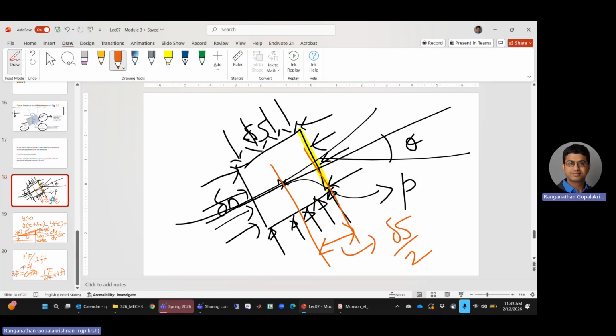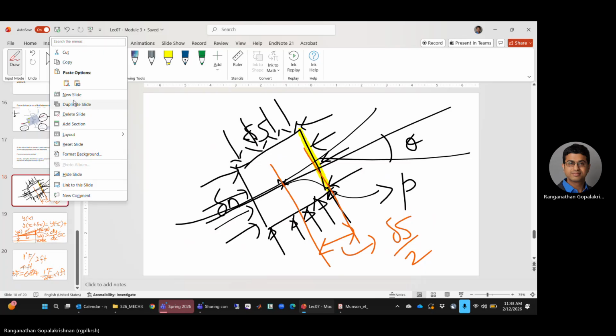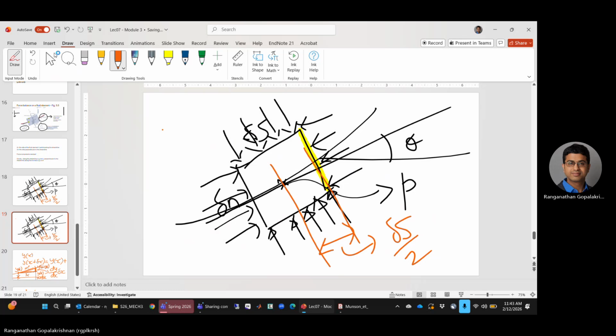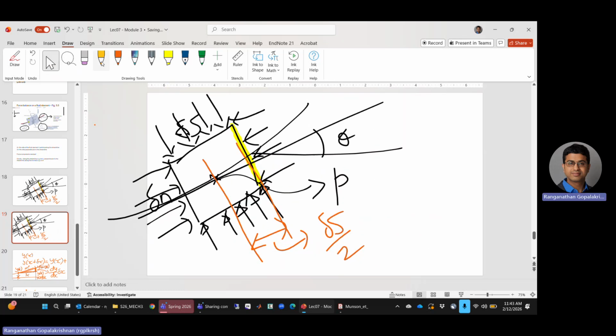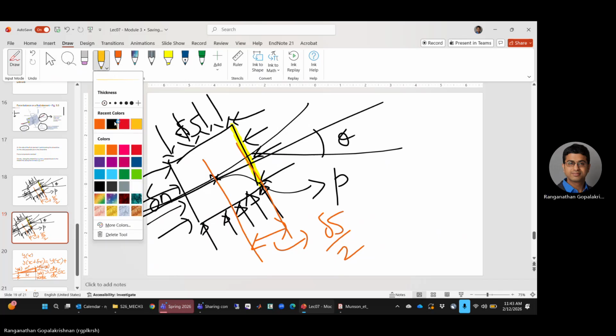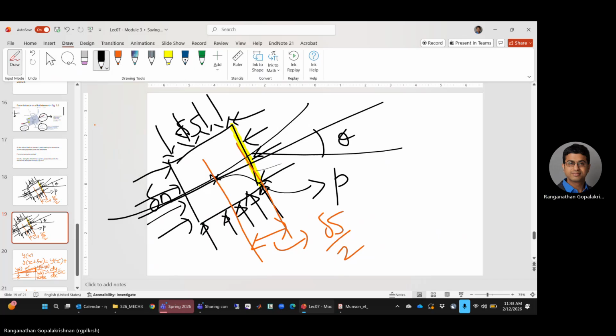It's the rate at which pressure drops or changes along the streamline. So the pressure at the yellow surface would be, like he said, P plus the pressure gradient multiplied by the distance, which is delta S divided by 2.